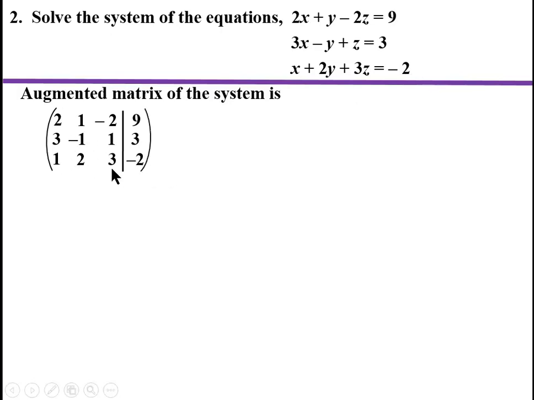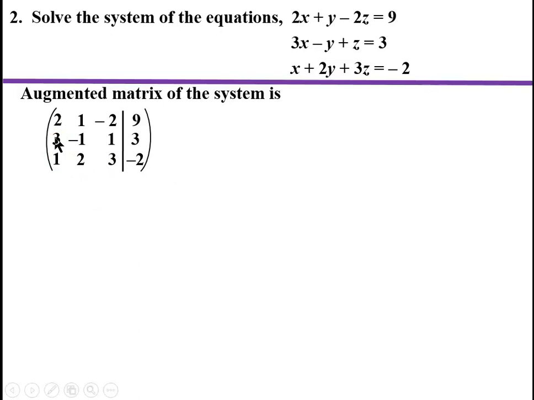So we have formed the augmented matrix of the system. Again, this leading diagonal will be made 1, and the elements below the leading diagonal will be reduced to 0. With that, we have a row echelon form after some elementary row operations on the matrix.